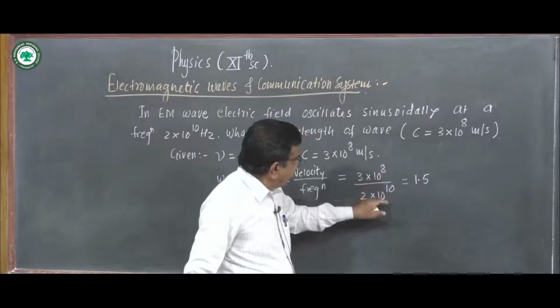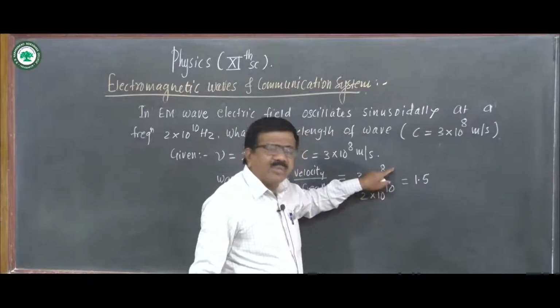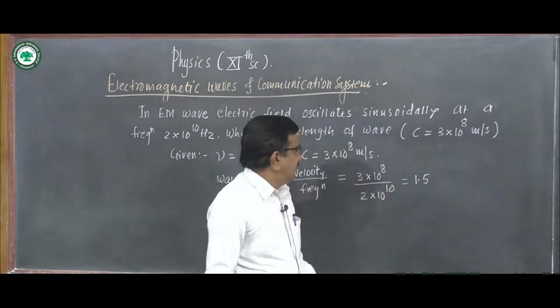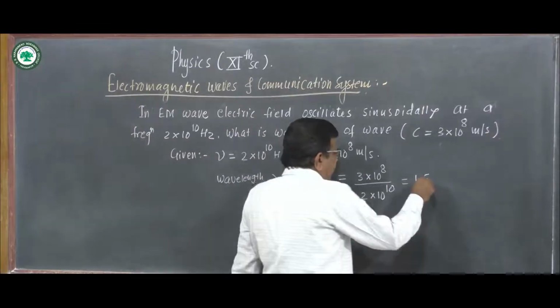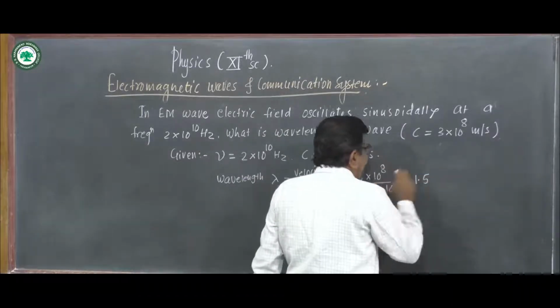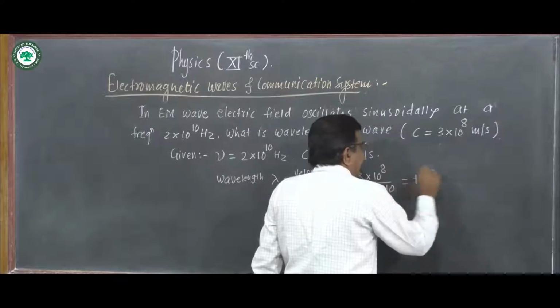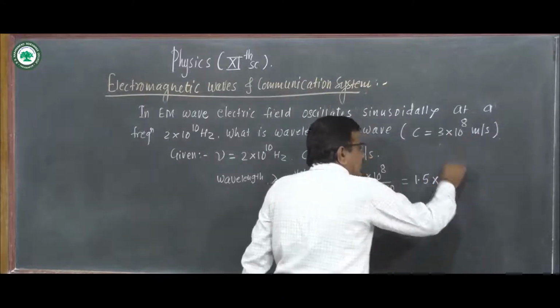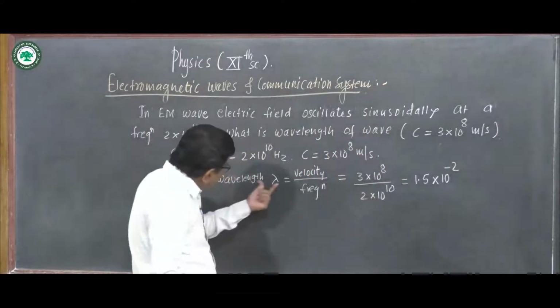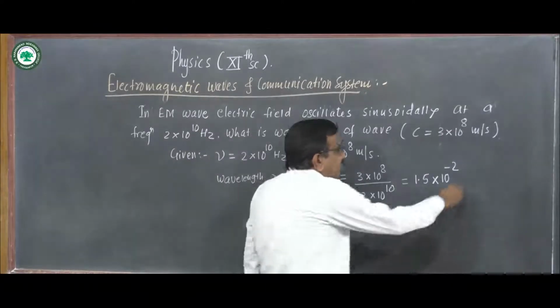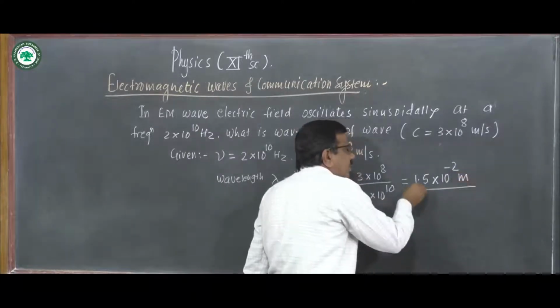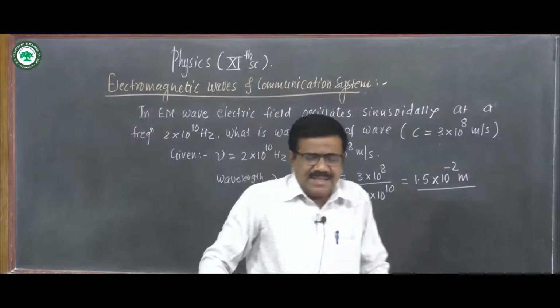10 raised to 10 in the denominator, when shifted to the numerator, becomes 10 raised to minus 10. 10 raised to 8 into 10 raised to minus 10 is 10 raised to minus 2. As this is the wavelength, the unit is meter. Very simple problem for 2 marks.